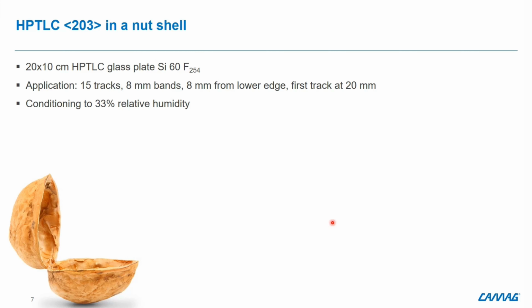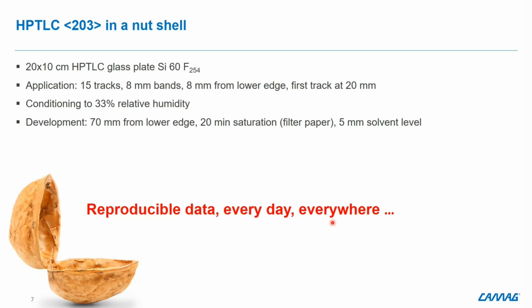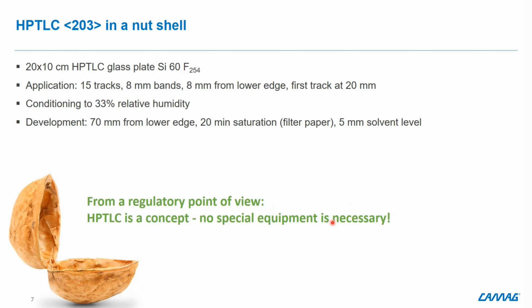Plates should be conditioned to a relative humidity of 33% prior to chromatography, and it is specified to develop plates up to 70 mm in a saturated chamber if nothing else is mentioned in an individual monograph. This will lead to reproducible data every day and everywhere.